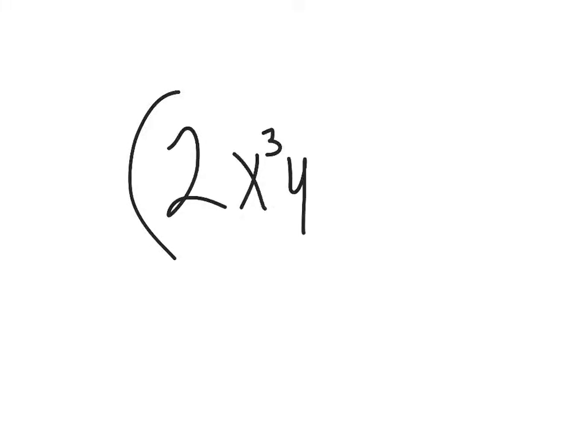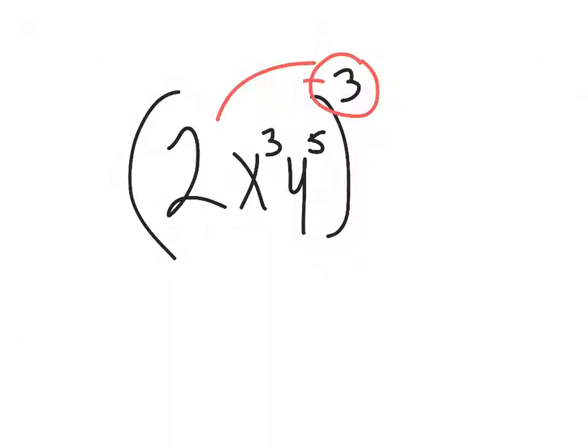How about 2x to the third, y to the fifth, not times, but to the third power? What would that answer be? Okay, so some of us are saying the final answer. Some of us are actually distributing this to each and every exponent.